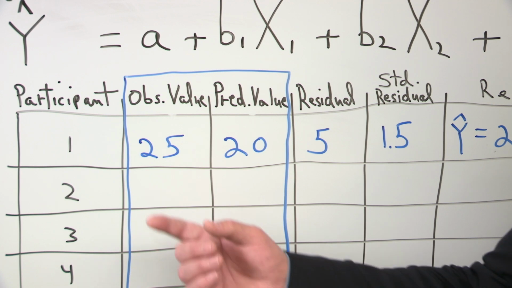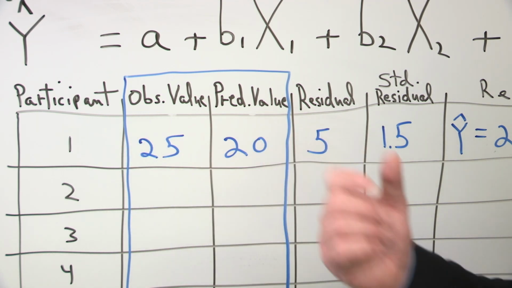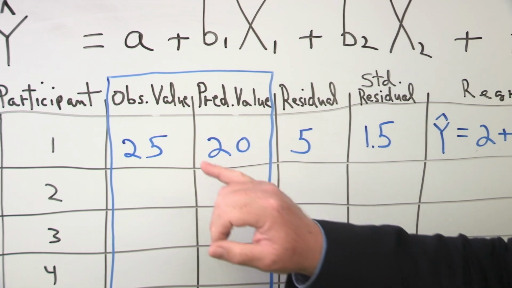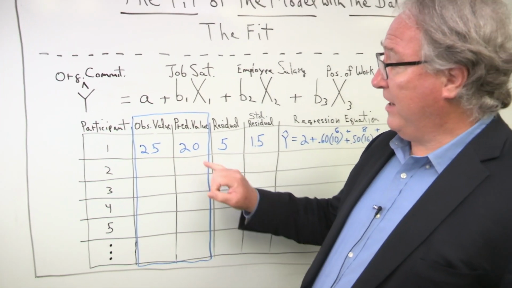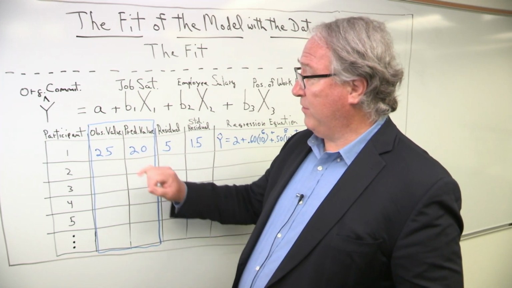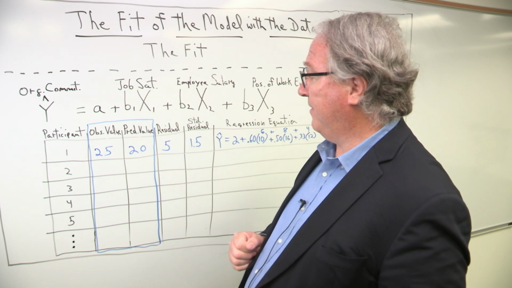Okay, so that is for participant 1. 2 values on the outcome variable measure. The actual observed value that participant 1 got on the outcome variable measure, 25, and the value as predicted from the model of 20. That predicted value is 5 units away from the actual observed value, so the residual is 5.